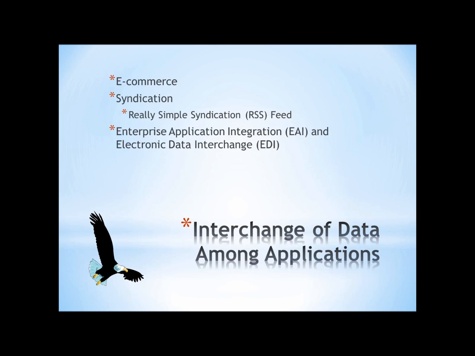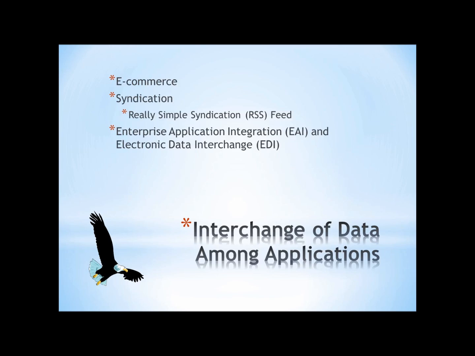And some of the applications that use data in particular for XML include e-commerce, because as we've gotten more and more dependent on buying things online, sharing data back and forth through different kinds of e-commerce applications is working very well with XML.